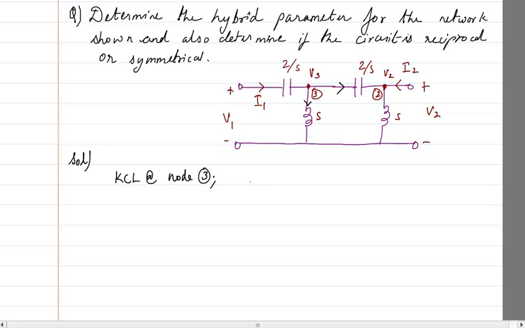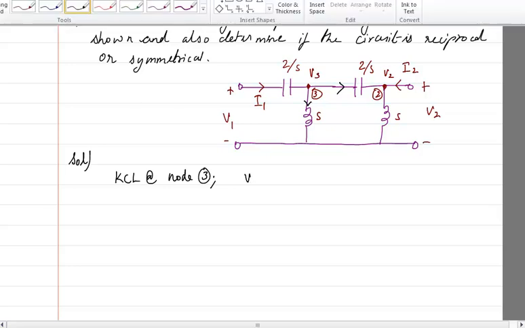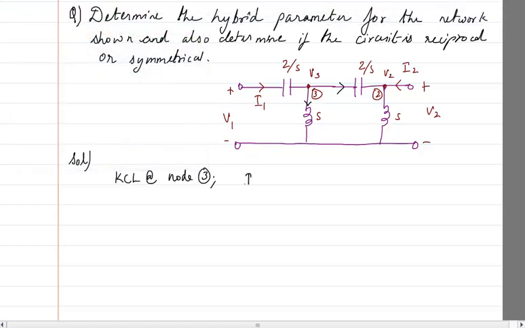Okay. So I1 is incoming current, so I will write it with respect to I1 itself. I1 plus I1 minus V3, this is V3, don't confuse it as Vs, okay. V3/S minus (V3 minus V2)/(2/S), that S will come on top, is equal to 0.